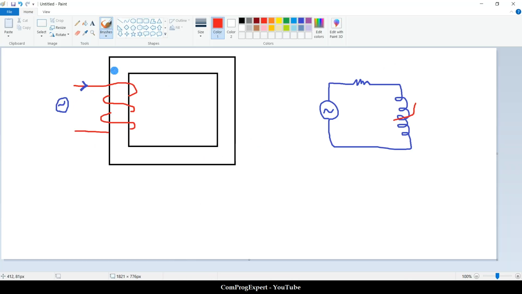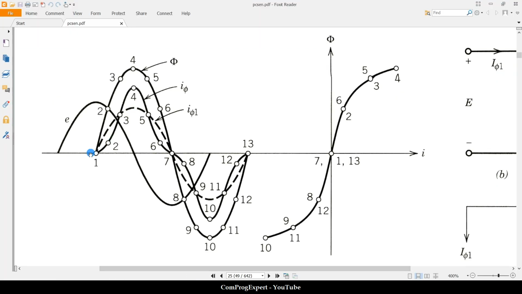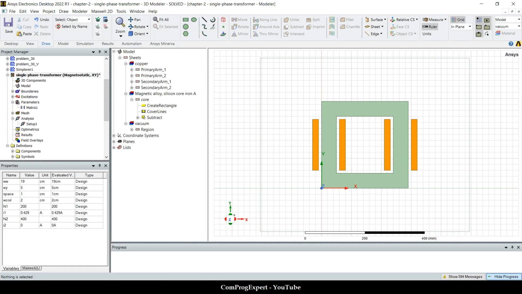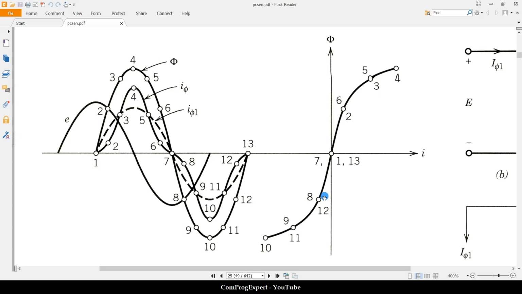We have this core, and I am going to excite it with a sinusoidal voltage and measure the value of the current, right? Let's see, can we generate this waveform for the current when we have a nonlinear material or not?